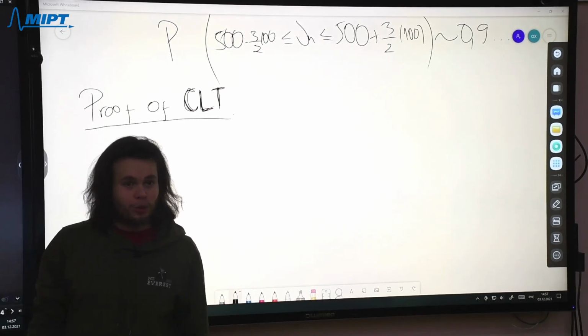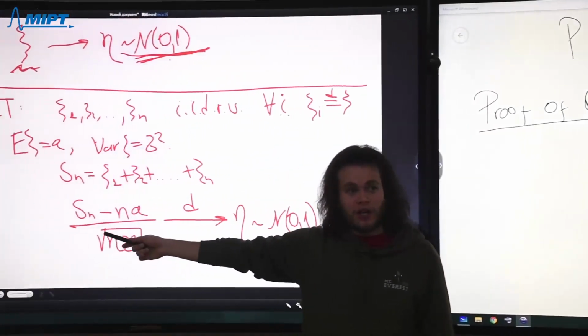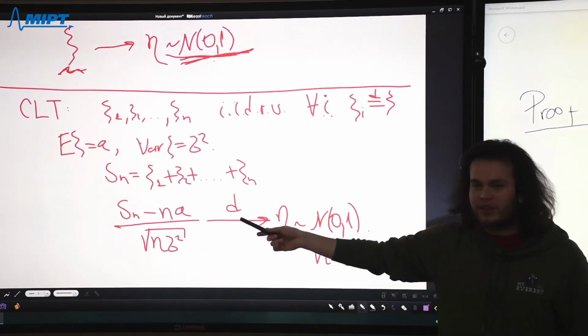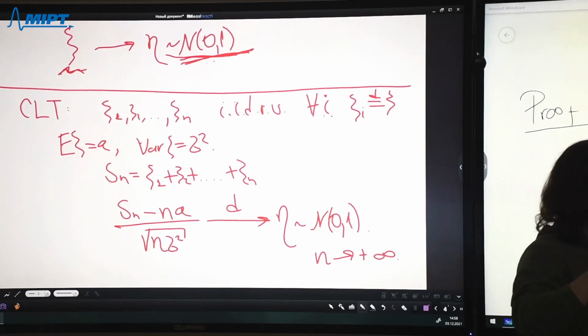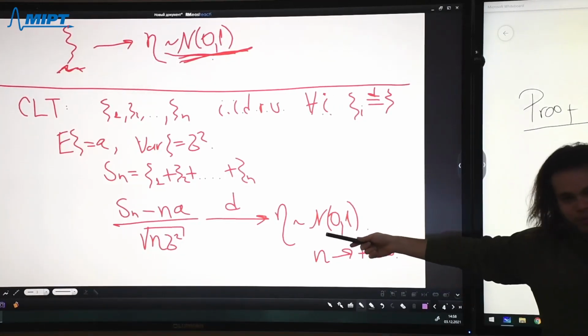What do we need to do? We need to find the characteristic function of this random variable, show that it tends to some function, and that this function is the characteristic function of a random variable with this distribution.